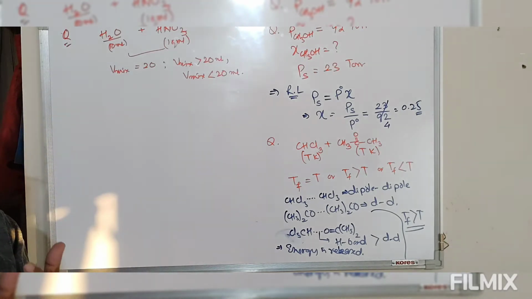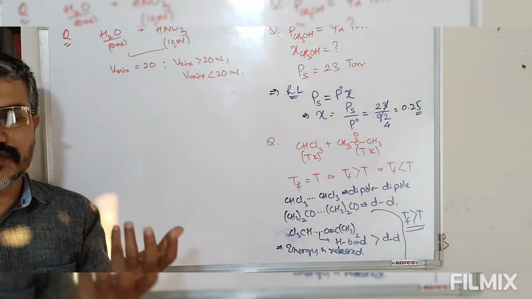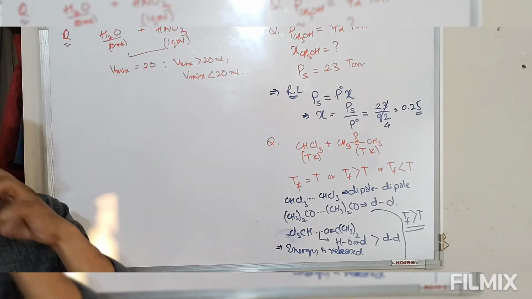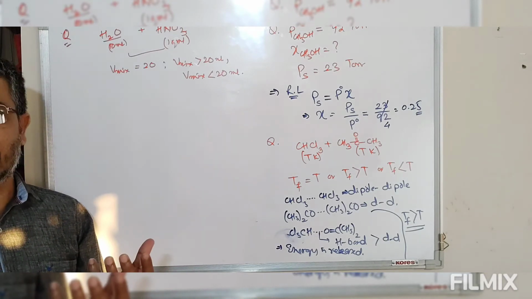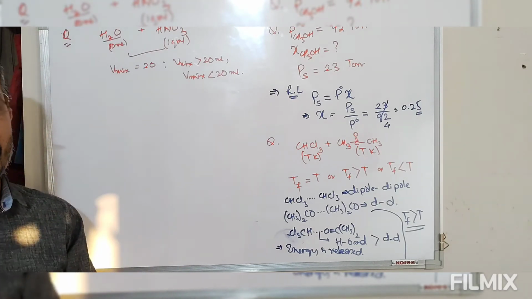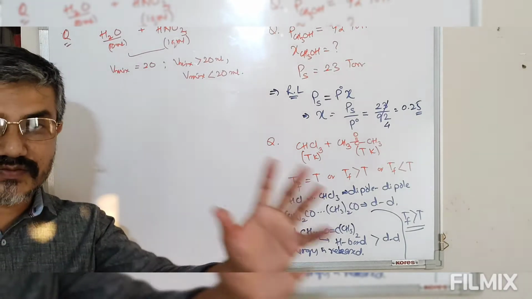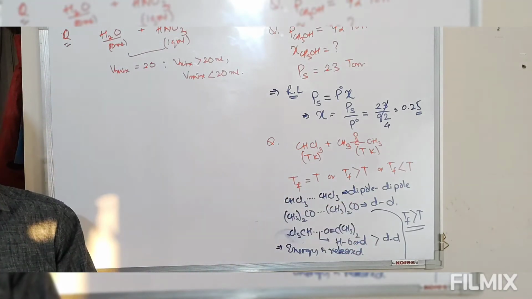If it forms an ideal solution, initial volume is equal to final volume. If it forms a non-ideal solution, initial and final volume will be different. Then we see whether it forms positive deviation or negative deviation.